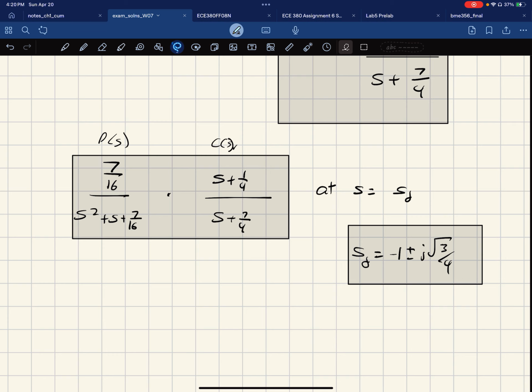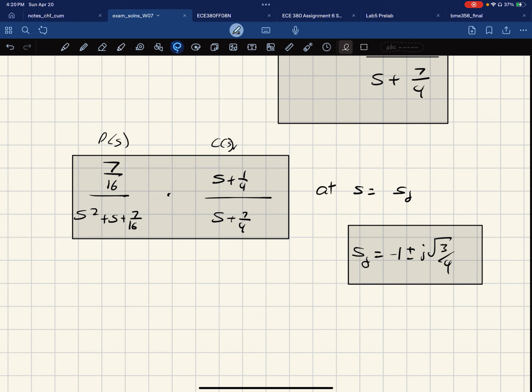Put your calculator in complex format and set -1 plus j root 3 over 4. Store this in x.